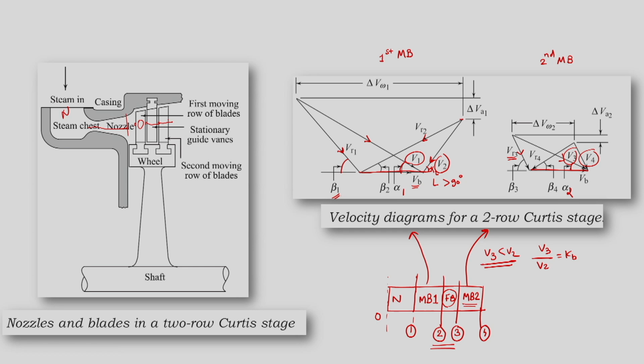We are drawing the same velocity diagram, but here we have drawn this special velocity diagram for the case where alpha 3 and alpha 4, the absolute velocity angles at the exit, are less than 90 degrees.